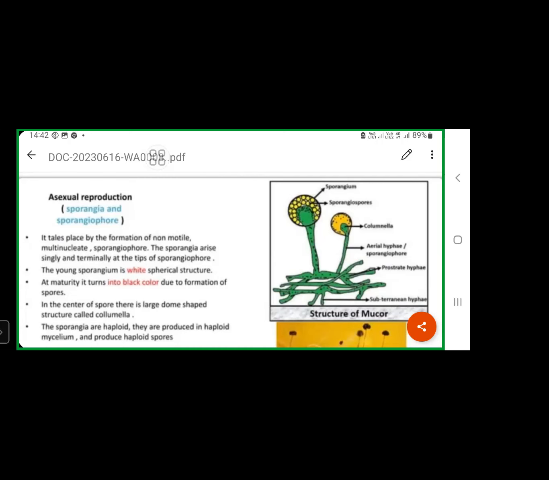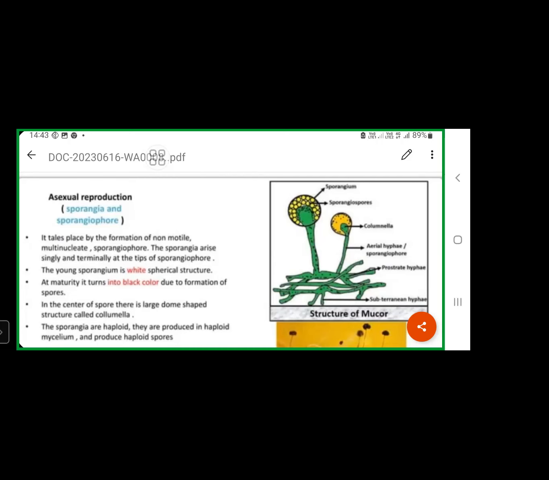In the peripheral region, excess amounts of nuclei and cytoplasm will be accumulated, but in the central region, only a lesser amount of cytoplasm and fewer nuclei will be accumulated.